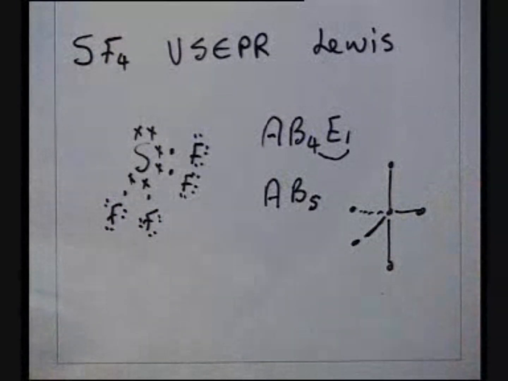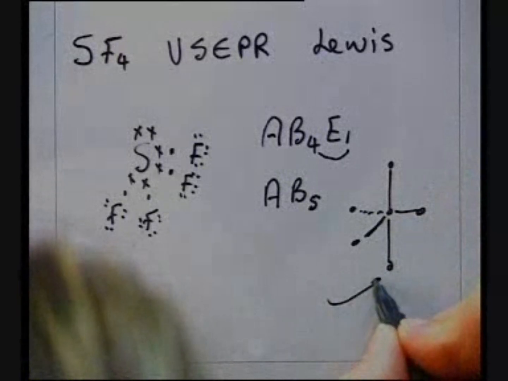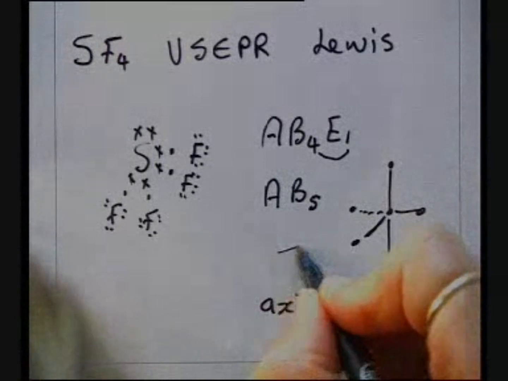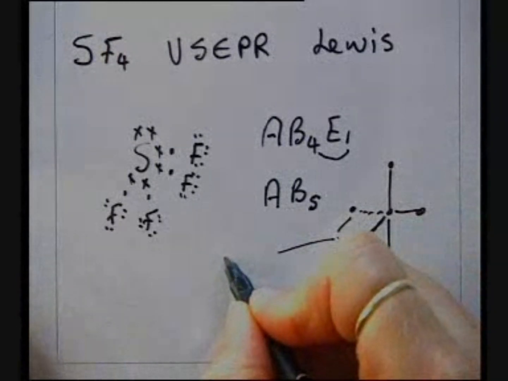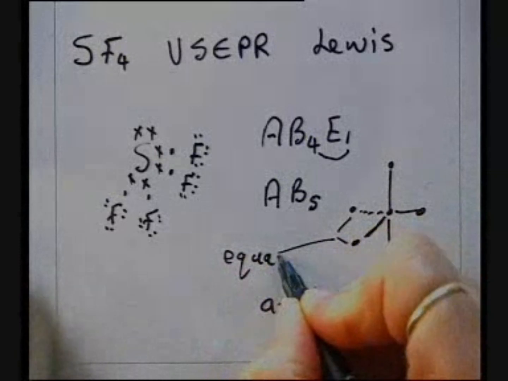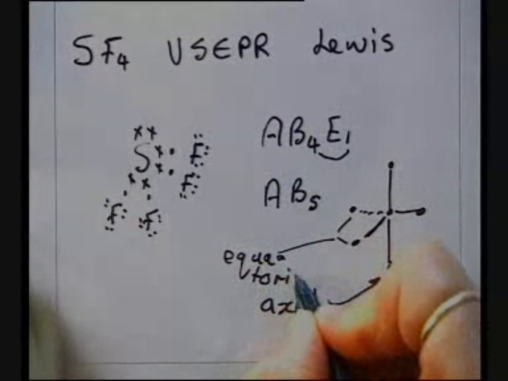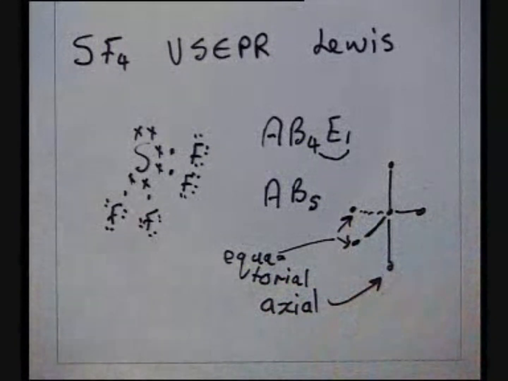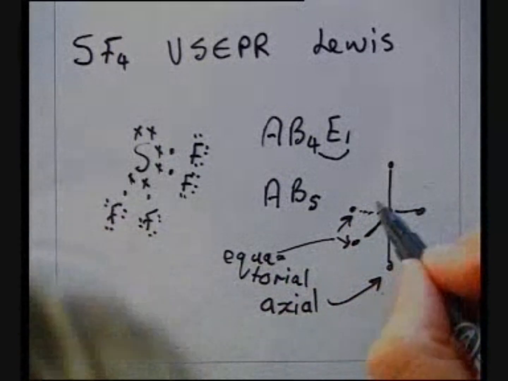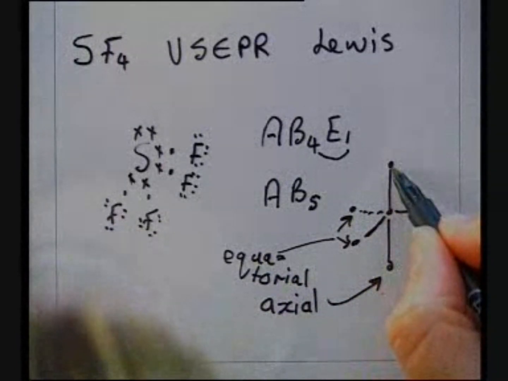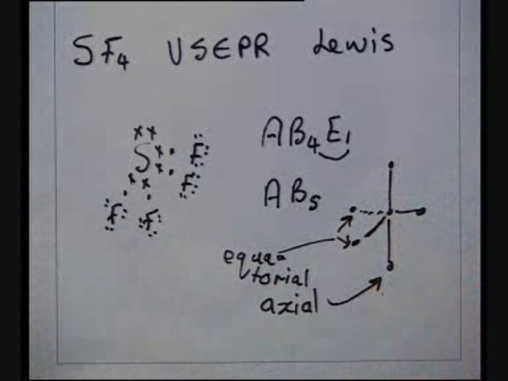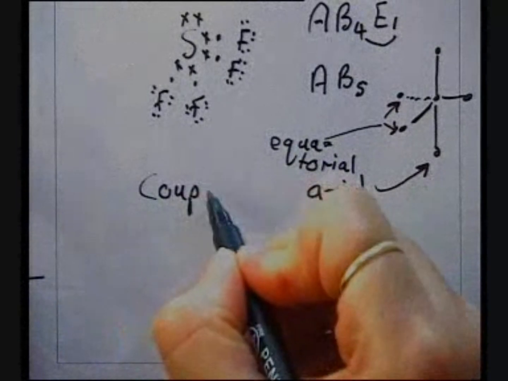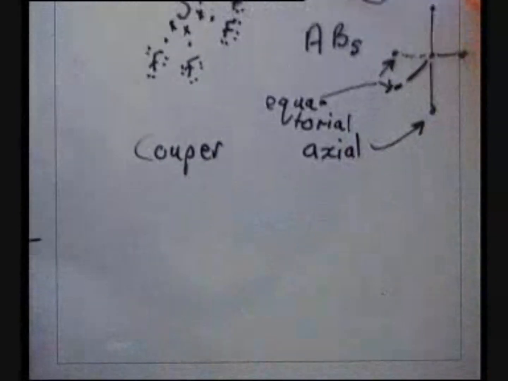In the trigonal bipyramidal molecular geometry, we expect 2 positions, the so-called axial position and the so-called equatorial position. In the equatorial positions, we expect the lone pair, and we expect the bond lengths to be shorter than in the axial positions.